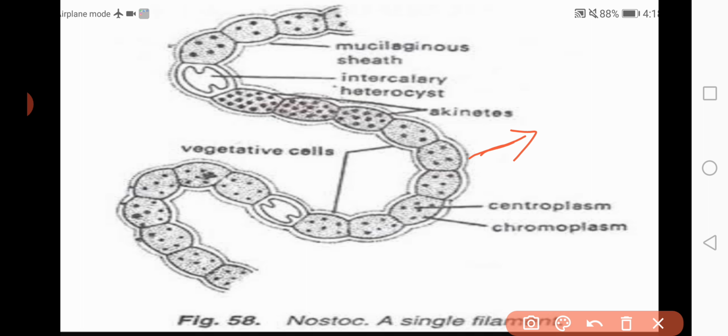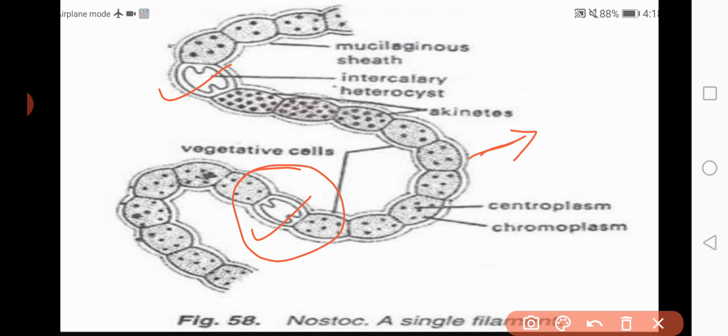That means all the cells are arranged one above the other to form a chain-like structure, and at regular intervals some cells are larger in size and thick walled and are called heterocysts. These are the heterocysts. If the heterocyst is present at the tip, then it is called terminal. If the heterocysts are held in between the cells like this, they are called intercalary.